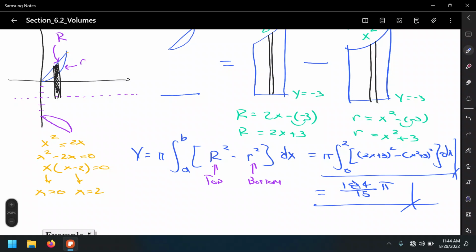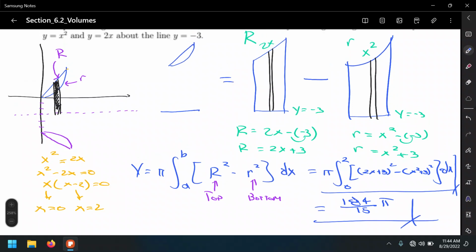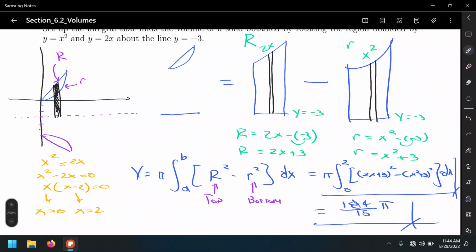So what are we going to do for the remaining examples? In this first example, we have the axis of rotation not anymore the x-axis or the y-axis, and it is below the region. In the next example, we have the same region, but this time the axis of rotation is above the region of integration.